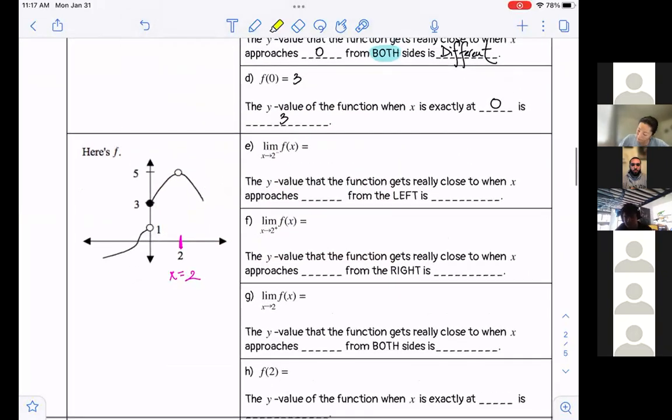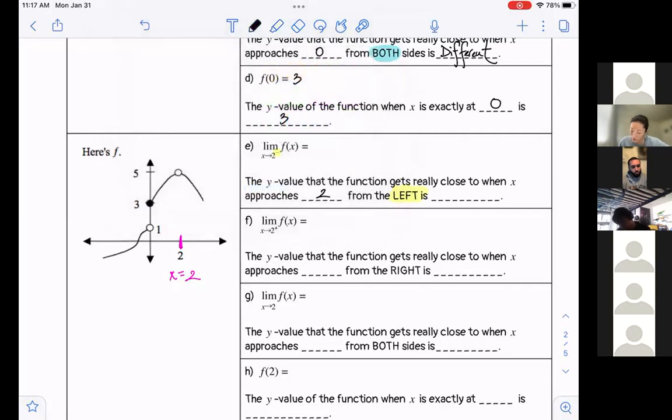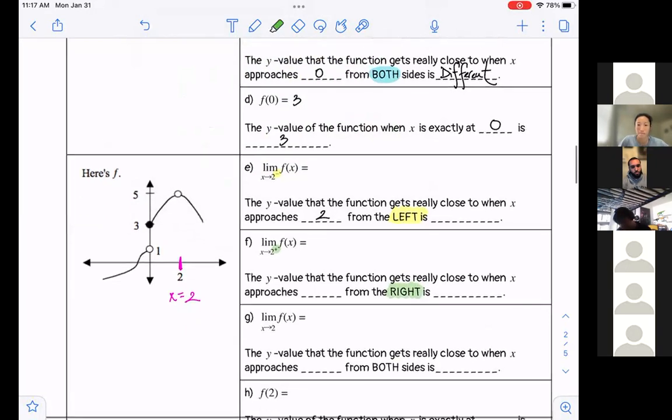Okay, so in part E, we're going to take a look at the limit as we approach 2 from the left. I'll give you a moment to take a look at that. And while you're looking at that, let's also take a look at what's happening when we approach 2 from the other side, the plus side, the right side, okay?